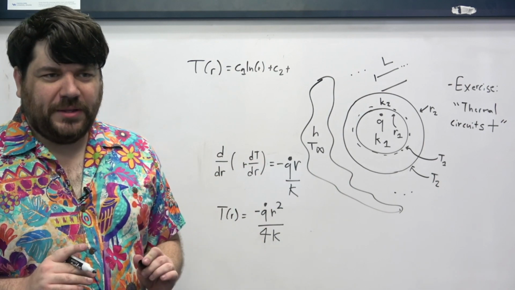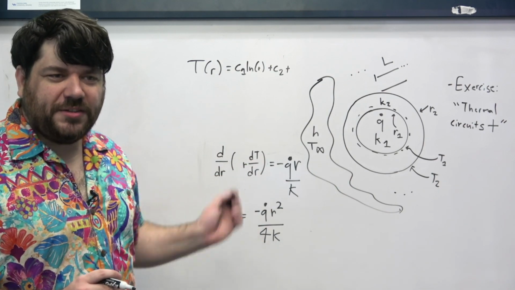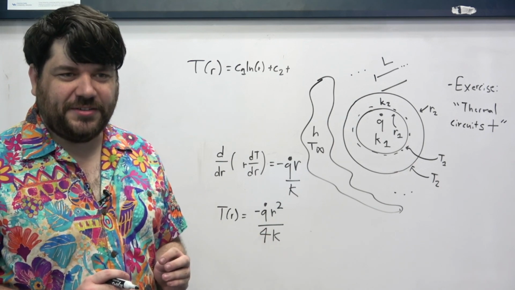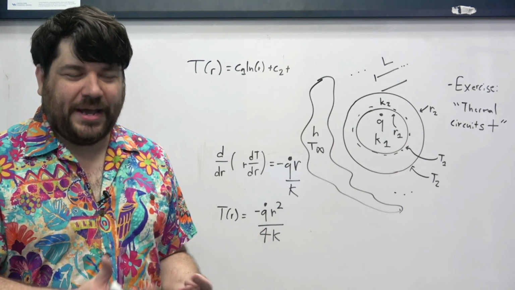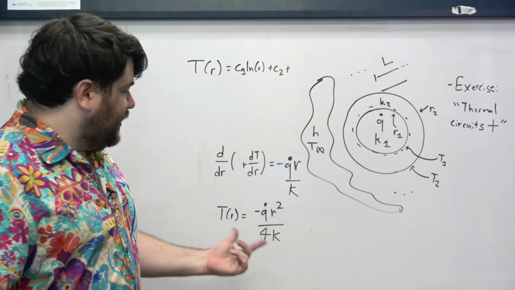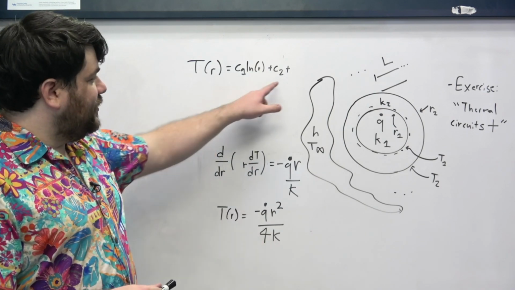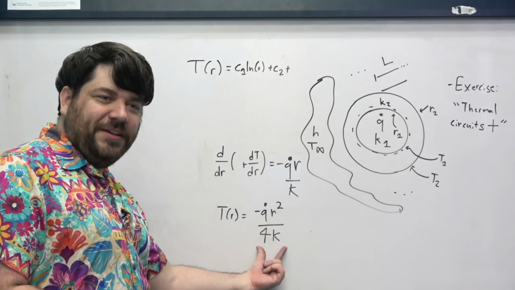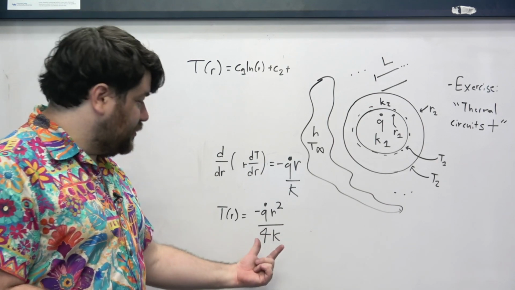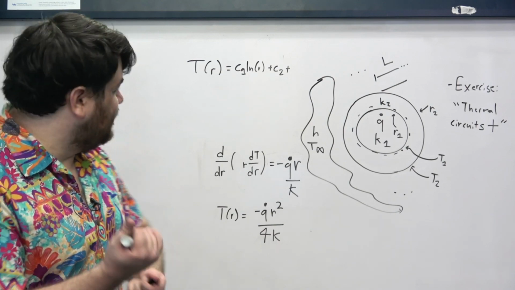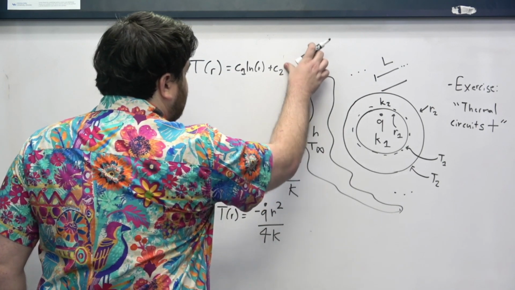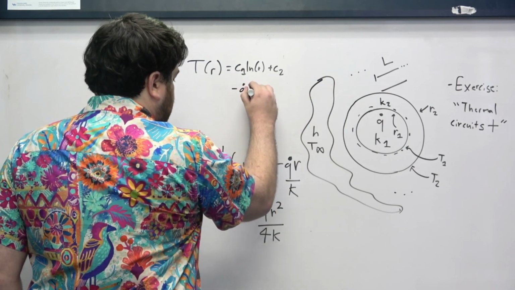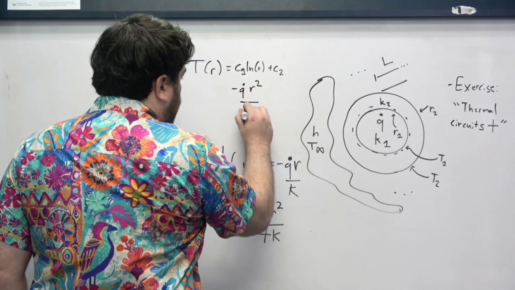Just to be completely clear, throughout this entire process I would be getting integration constants that would show up, and those would matter too. I've been skipping that step because the thing that we get from the integration constants is just the thing that we saw all over again. The only thing that we really care about deriving is the new term, and so the extra term is now a minus q dot r squared over 4k.